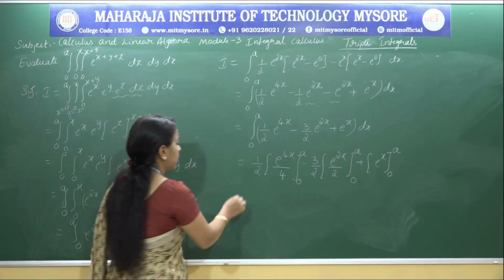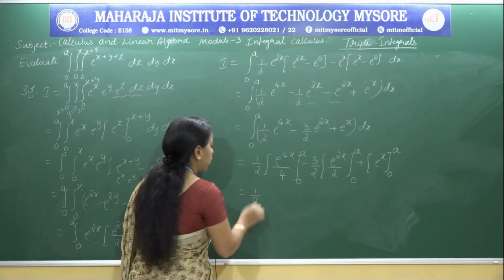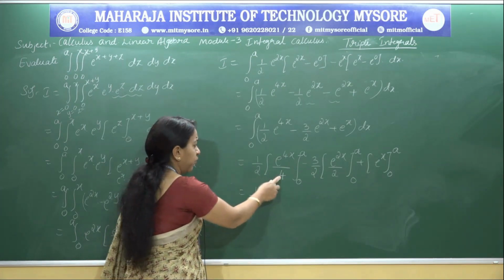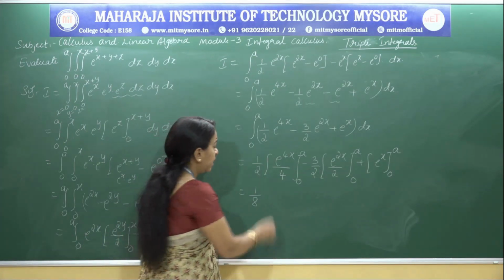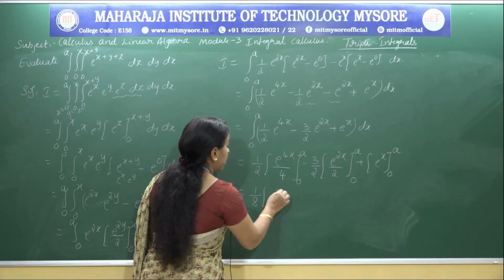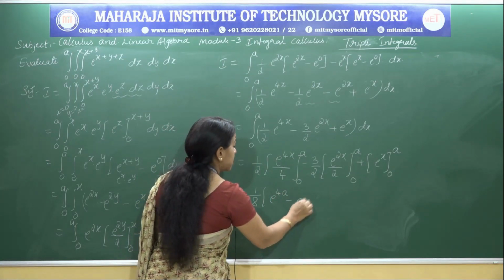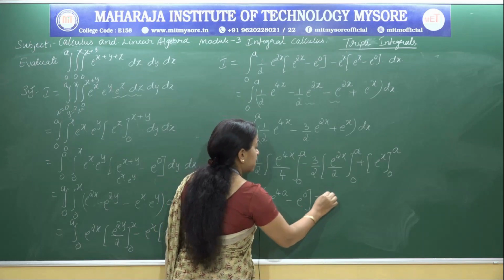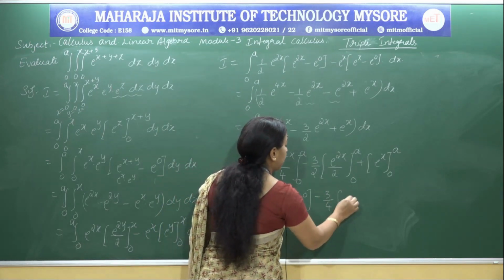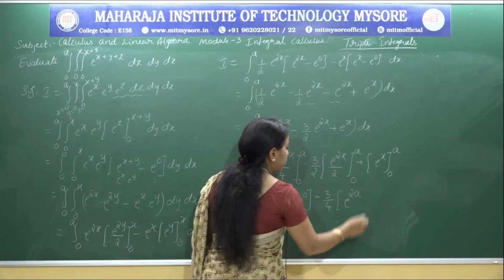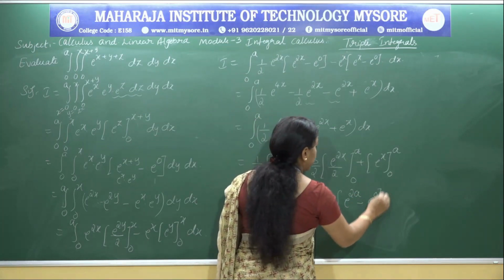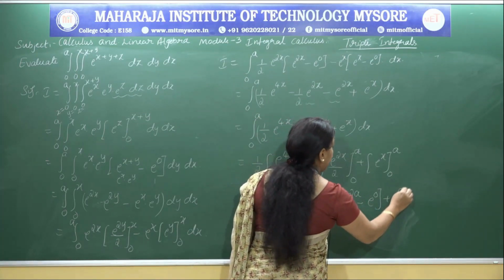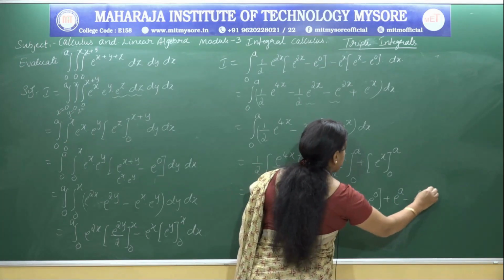Now simplify, apply the limit. 1 by 4 common, so that 1 by 4 into 1 by 2 is 1 by 8. Upper limit a, e power 4a minus e power 0, minus 3 by 4 into upper limit a, e power 2a minus e power 0, plus upper limit a and e power 0.